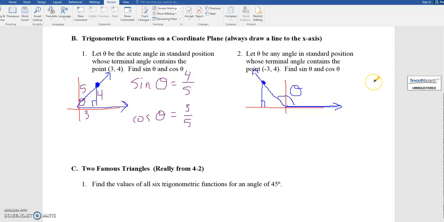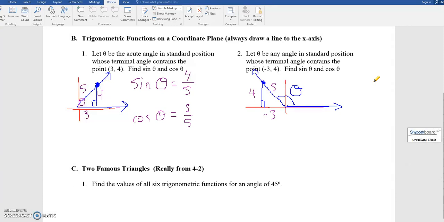Because it's going through (-3, 4), I know that this length here is 3, but I'm actually going to consider it being -3. And that's going to be critical down the road. This is going to be 4. And again, with a 3, 4, 5 right triangle, we have a lot of the same numbers as example 1.